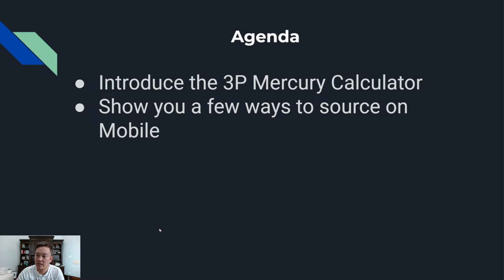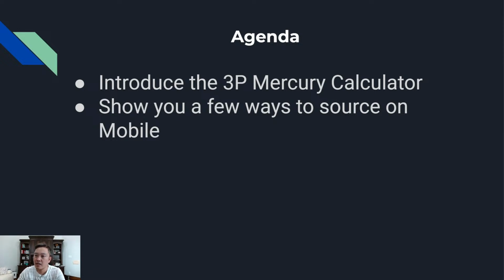Real quick on the agenda, what we're trying to do today. First of all, we're going to demo the 3P Mercury mobile calculator. For those of you who are already familiar with 3P Mercury, we already have a Chrome extension that does profit analysis on the Amazon marketplace.